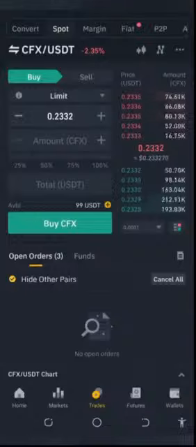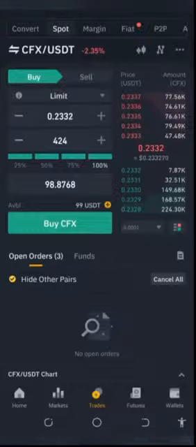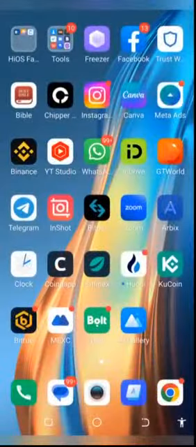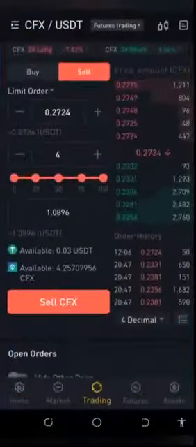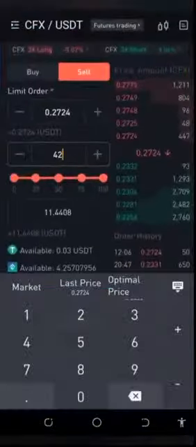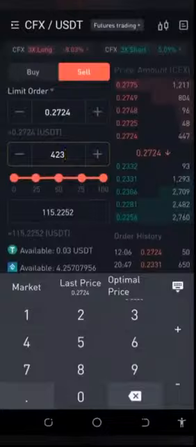See what we have. 424. So if I send over 424, let's even say it's 423. In the process, we lose 1, right? So let's put 423. So we should actually get $15.